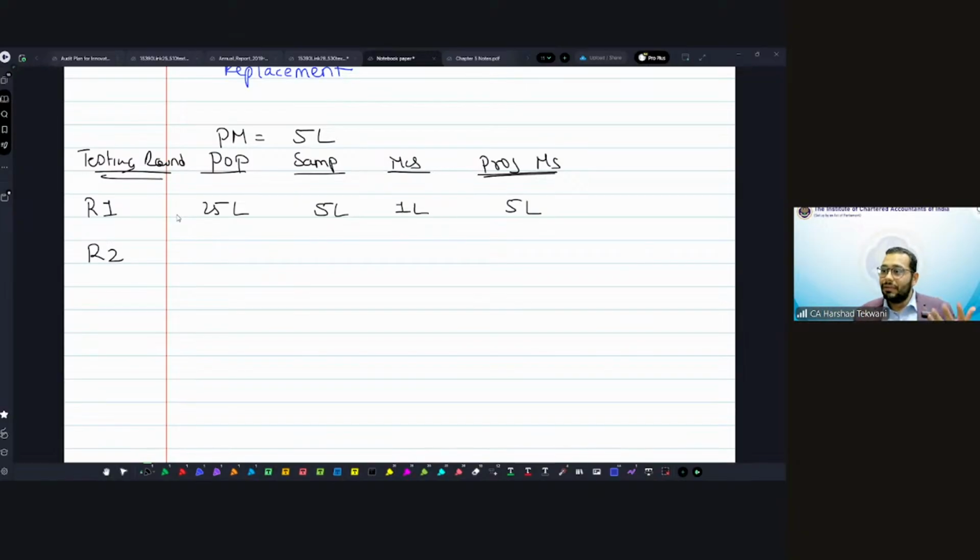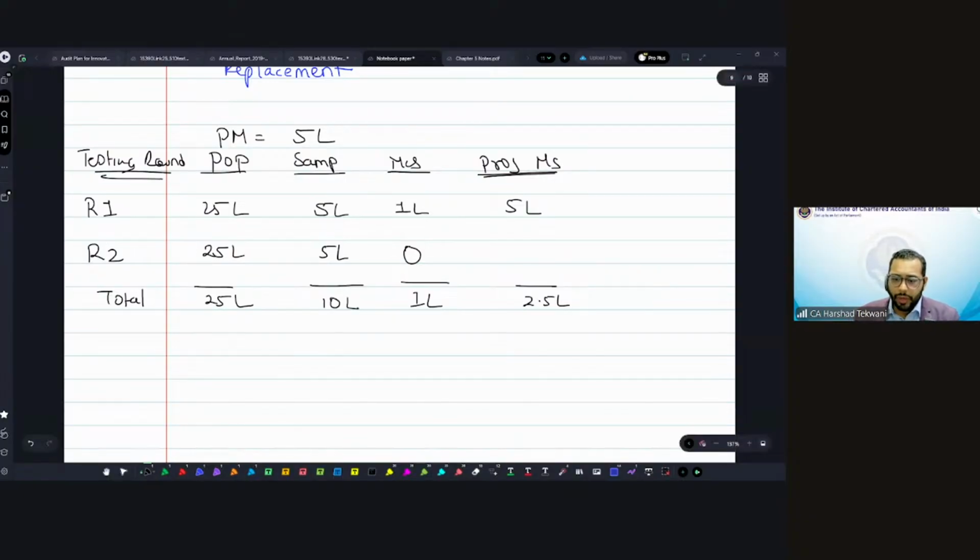So let's say there's a round two, same population size, because I'm testing more. Now the sample that I've tested is 5 lakh rupees more. I identified zero misstatement. So the total tested is 10 lakh rupees out of the population of 25 lakh rupees. The misstatement is 1 lakh rupee, and the projected misstatement for the total will be somewhere around, I think, 2.5 lakh, if I'm not wrong.